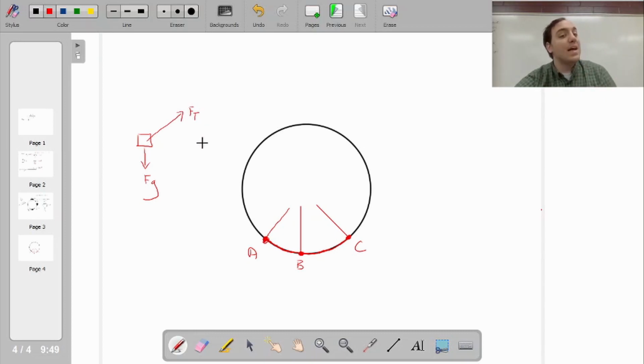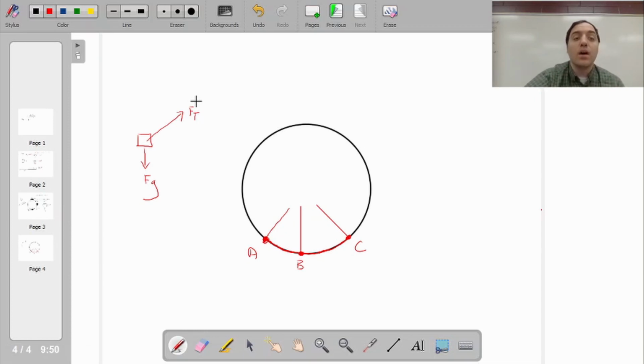You'll notice that my tension force is slightly larger than my force of gravity, and this is because I need to have a net force towards the inside of the circle, up and to the right, in order to have an acceleration.